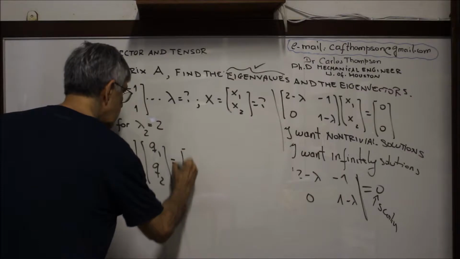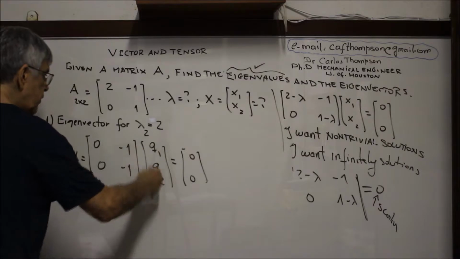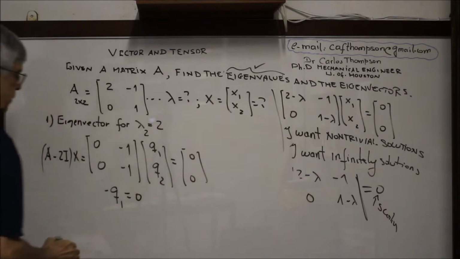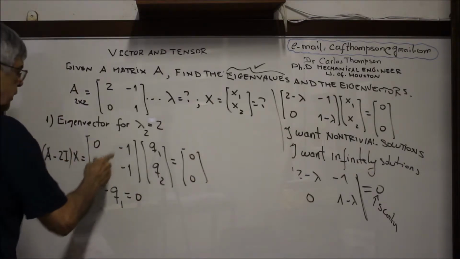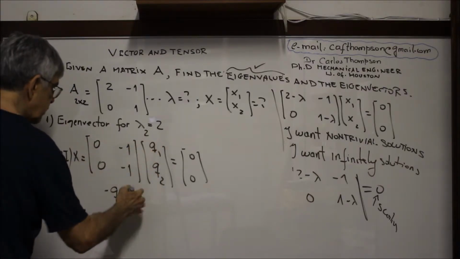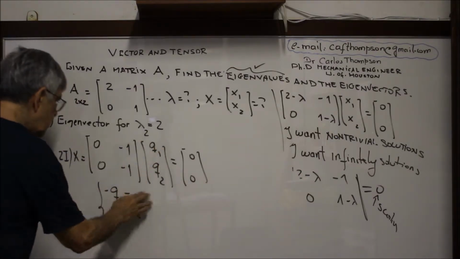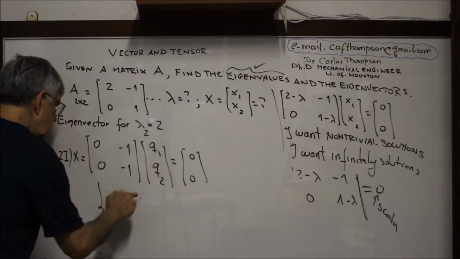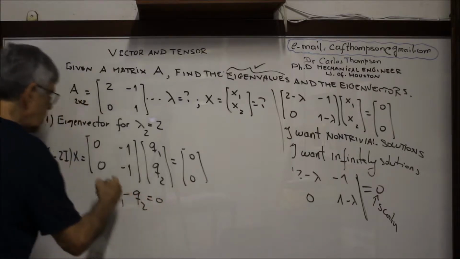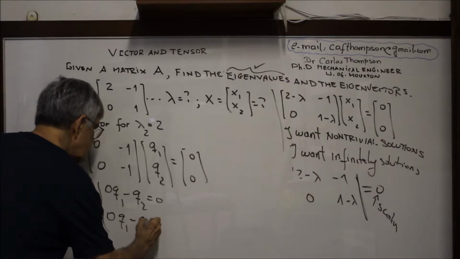First row, first column: minus q2 is equal to 0. This times this, 0 times q1 minus q2 is equal to 0. Again, 0 q1 minus q2 is equal to 0.